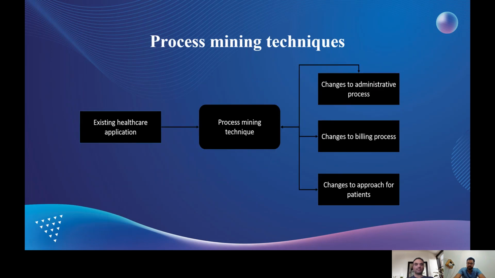So process mining helps. This is the specific flow that we are going to look at: you have an existing healthcare application, or you don't have one but you need to understand the trend, the various events that happen within the application and the patient flow. It helps you map each of these events into your application and plan accordingly.